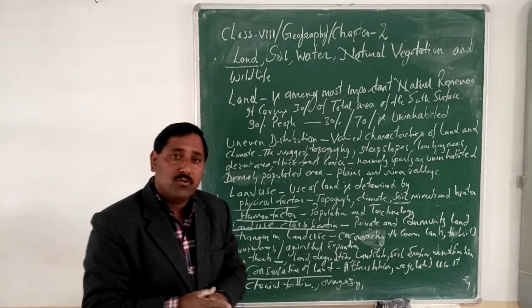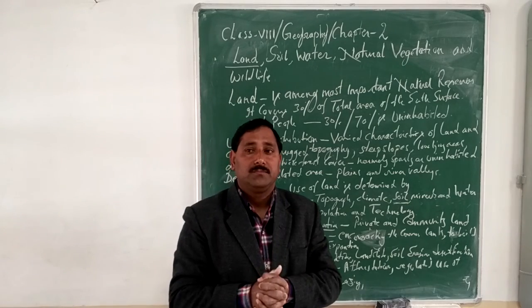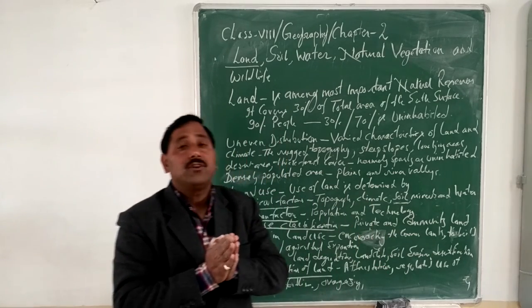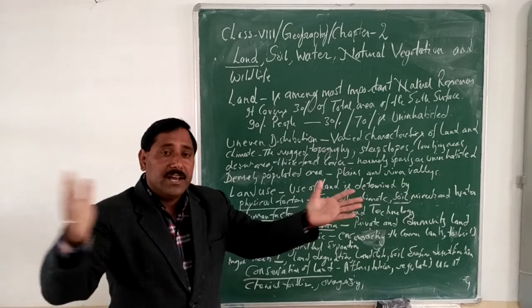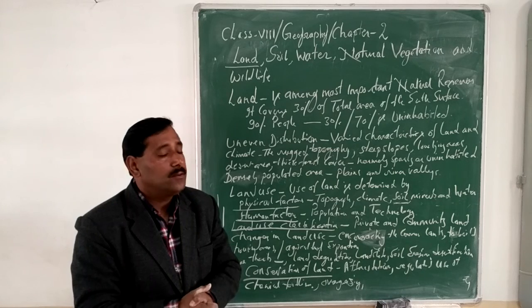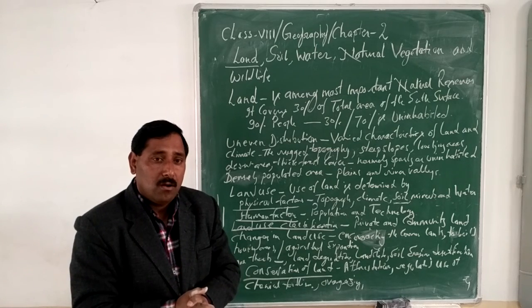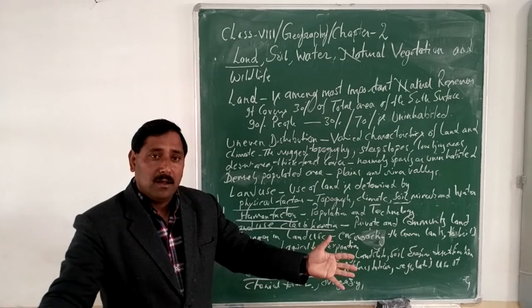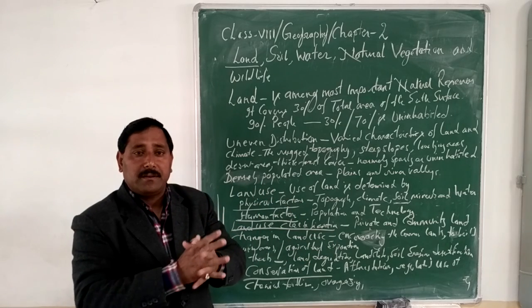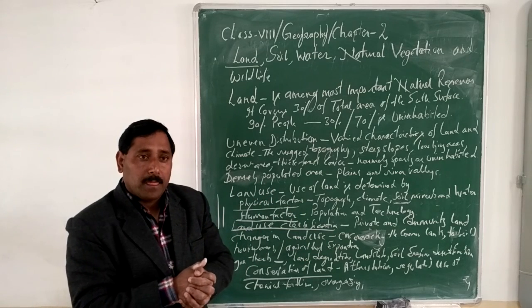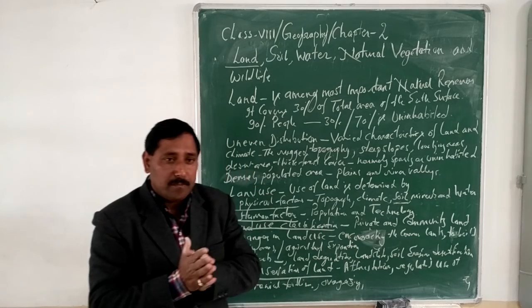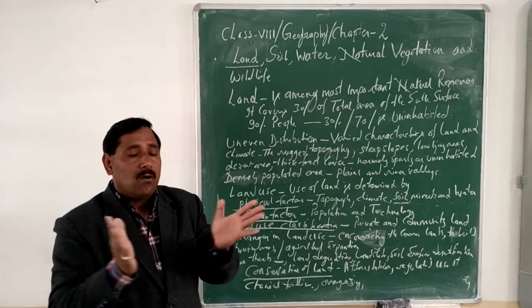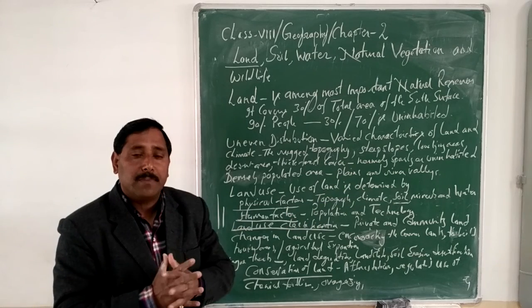It doesn't belong to a single person. Everyone has a right over it. The grazing areas near the village areas, all village people can send whatever livestock they have, whether it is goat, buffalo, cow, to these areas for grazing purposes.